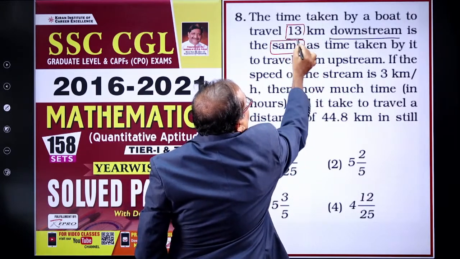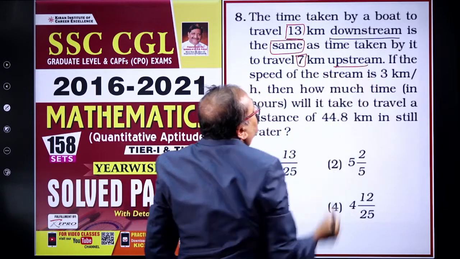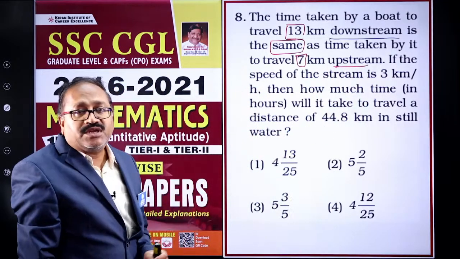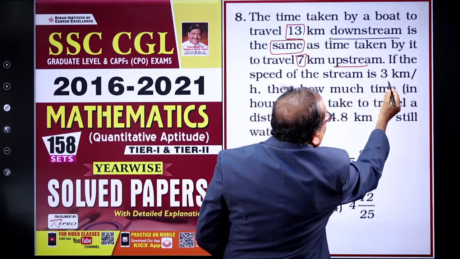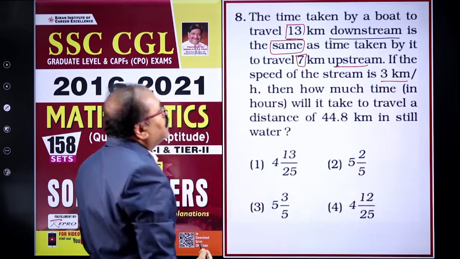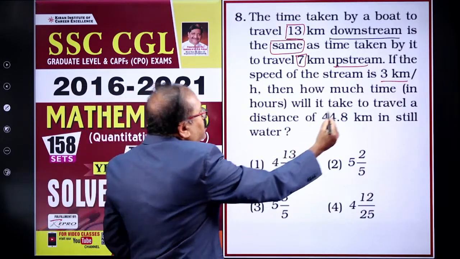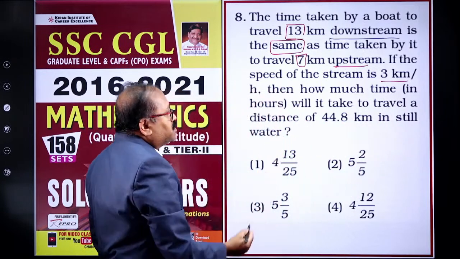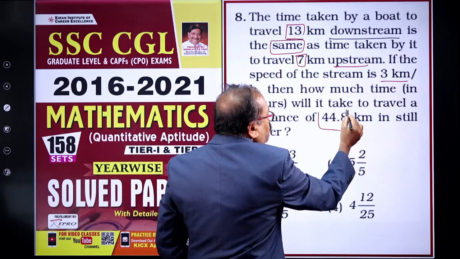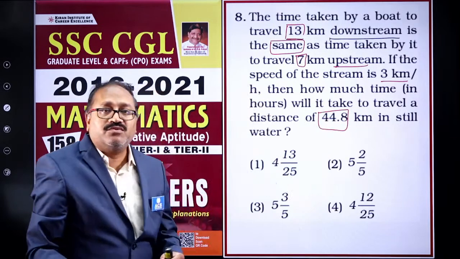Here it is 13 kilometers downstream and here 7 kilometers upstream. Time taken is the same. The next one: if the speed of the stream is 3 kilometers per hour, then how much time in hours will it take to travel a distance of 44.8 kilometers in still water?